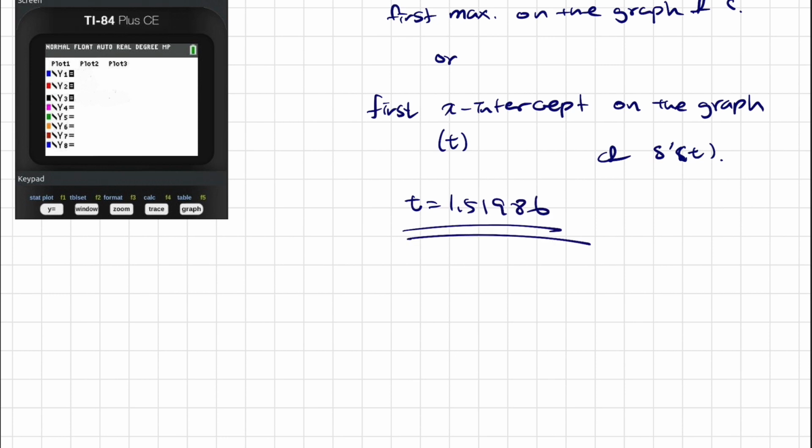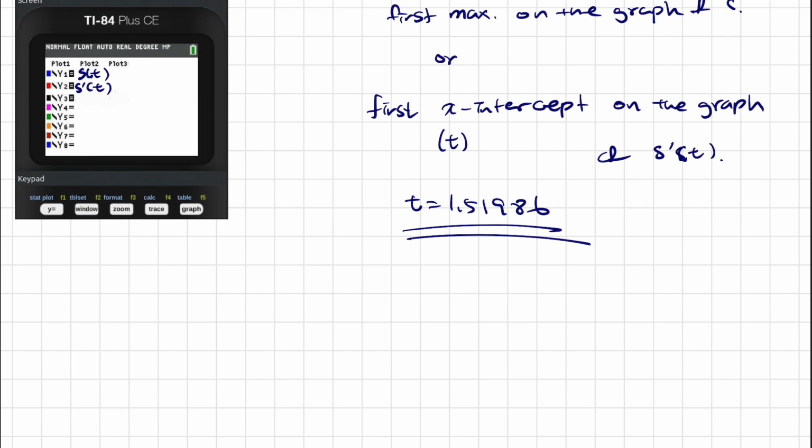So we already plugged the original function into y1, and we calculated the first derivative of s of t in y2. Now we need to find the acceleration of the particle at the instant it first changes direction.